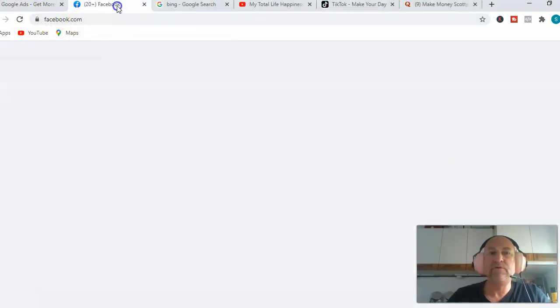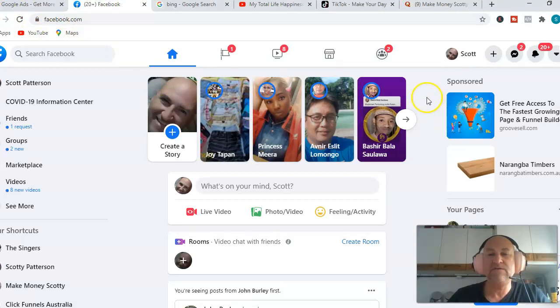And then we've got Facebook. Facebook have their ad system. That is my little profile. But they also have Ads Manager, so you can use them as well.